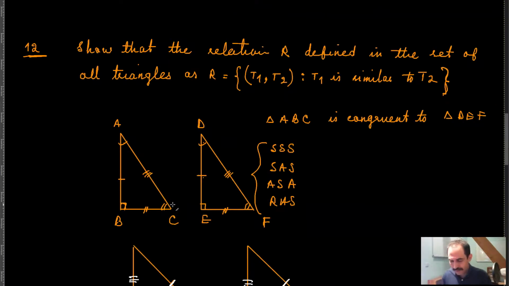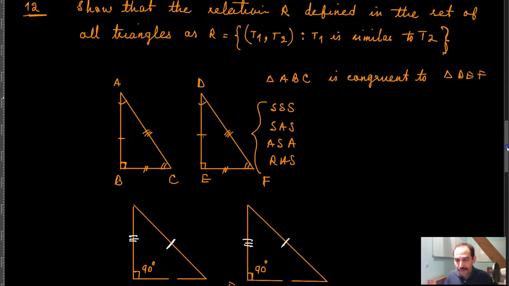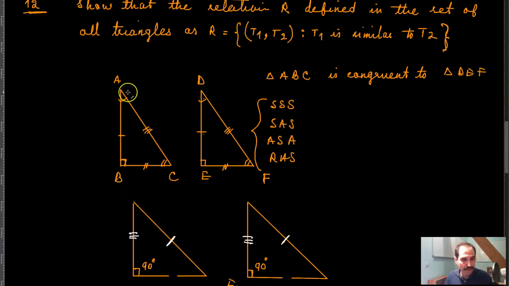Okay, so the notation that you use here is that if two triangles are supposed to be congruent, you write them as triangle ABC is congruent to triangle DEF.